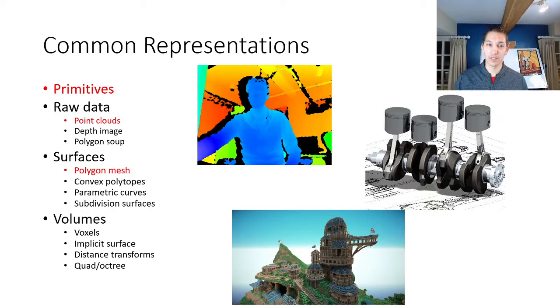There's also convex polytopes, subdivision surfaces that represent the surface of objects, and also volumetric types of data like voxels. So for example, if you've ever played Minecraft, you'll see something like the picture down on the bottom, but there are also other types of volumetric representations used in, for example, MRI imaging or other kinds of three-dimensional imaging. But in any case, we'll focus mostly on the three types of representations that I highlighted here in red.